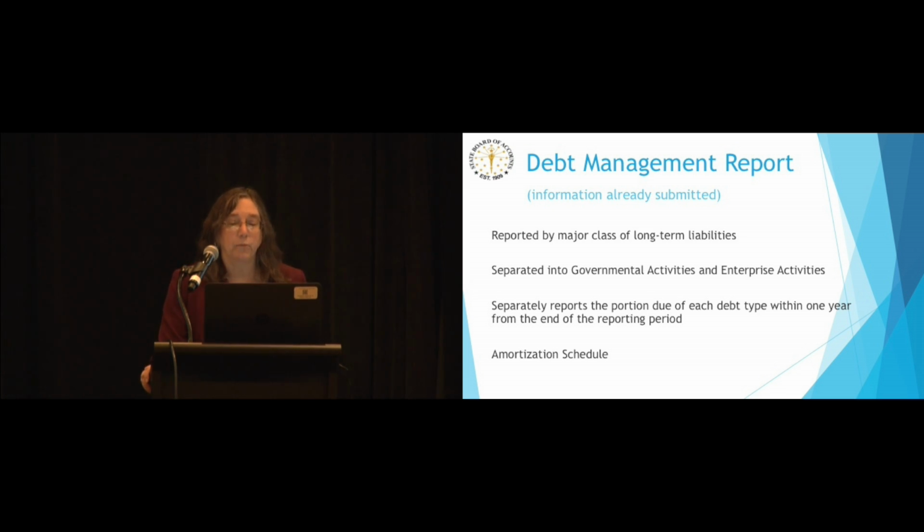Our office is working with DLGF and IBRC to capture that information and automatically put it in the audited debt note to the financial statements so that you do not have to re-enter it again. Okay? We're going to get what you've already put and pull it in to our side, from DLGF's side into our side for the audited note. You need to make sure that what you've entered in that debt management is correct. That's what we will be auditing.